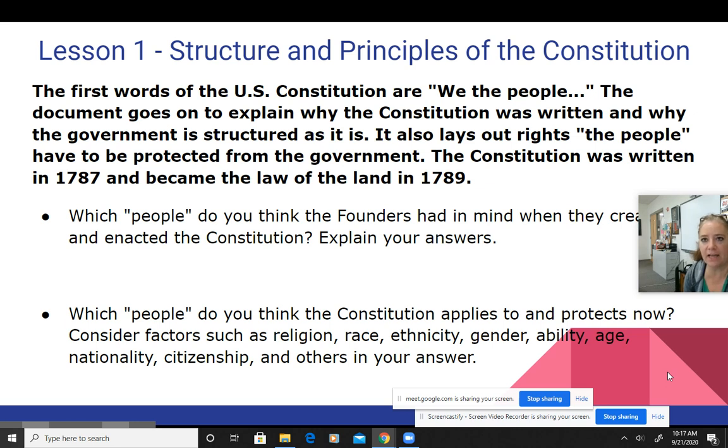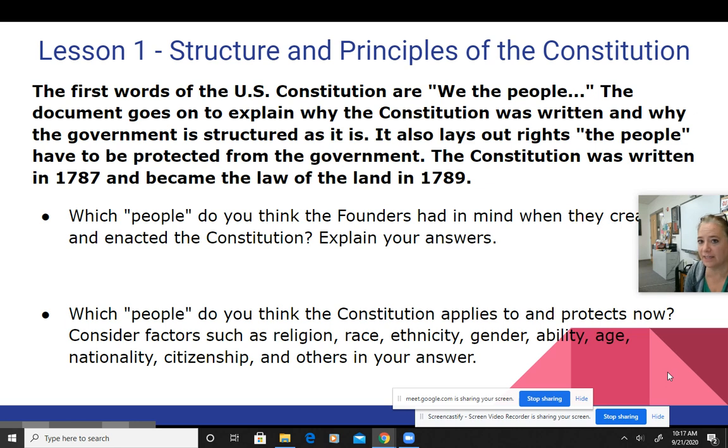Some things apply to everyone, some things apply to citizens. And so there are a few things that if you are an undocumented immigrant, you wouldn't have the same protections, but a lot of the things, it doesn't matter if you're in this country legally, illegally, or if you're just visiting from another country, you have those same protections.